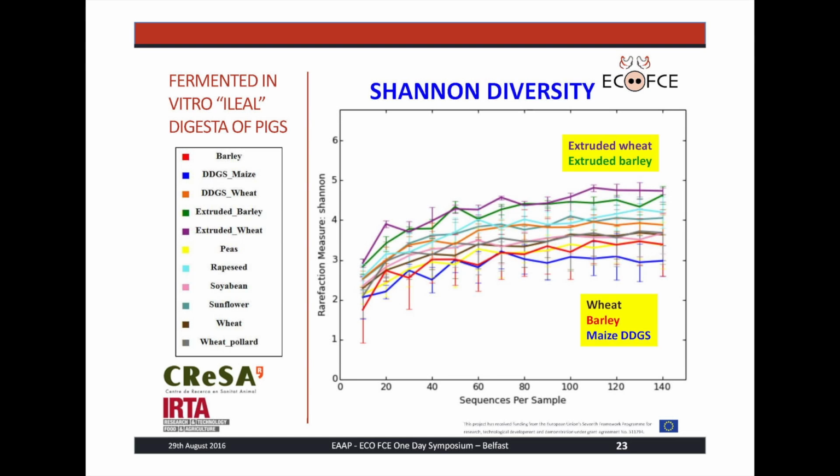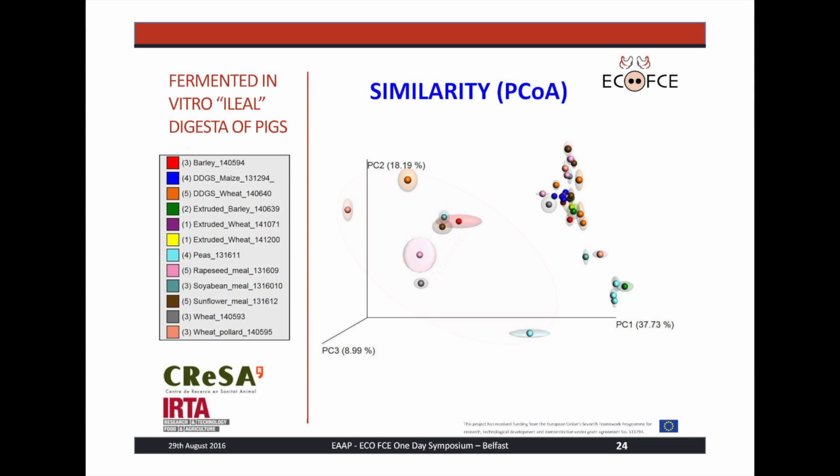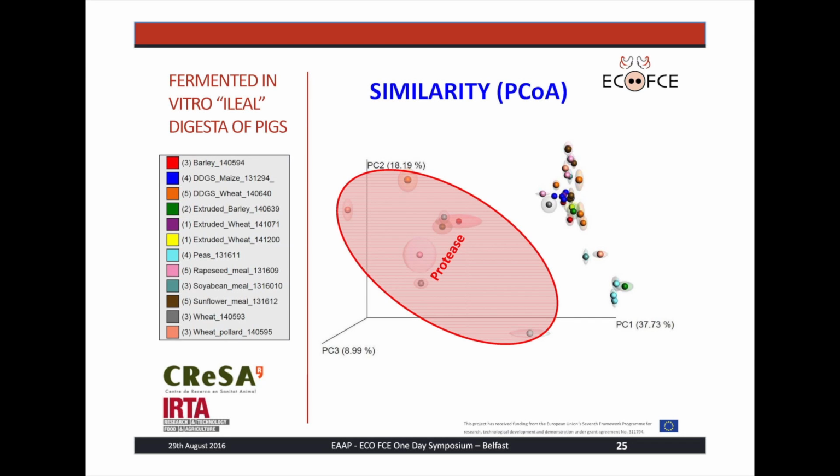The same here, this is the similarity. In here, this is plotted, there is a group, these are all the treatments of different ingredients that contain protease. So as I said, there was an effect of protease, not for the other enzymes, but for protease there seemed to be an effect on the microbial profile.